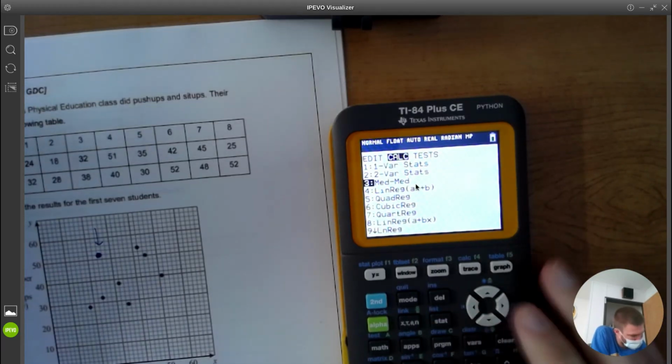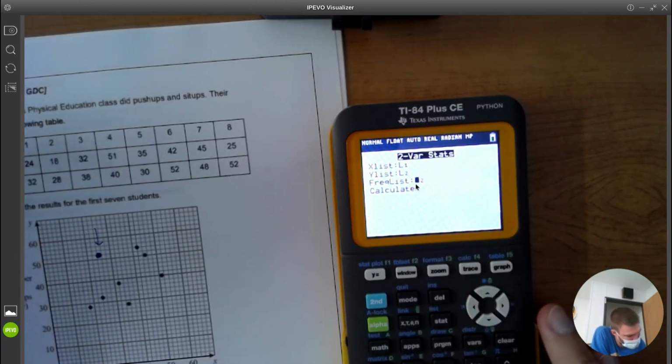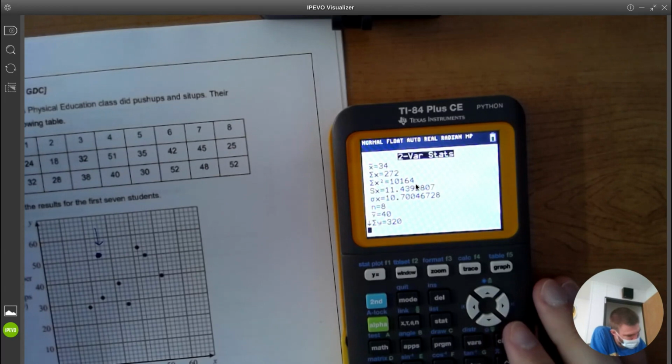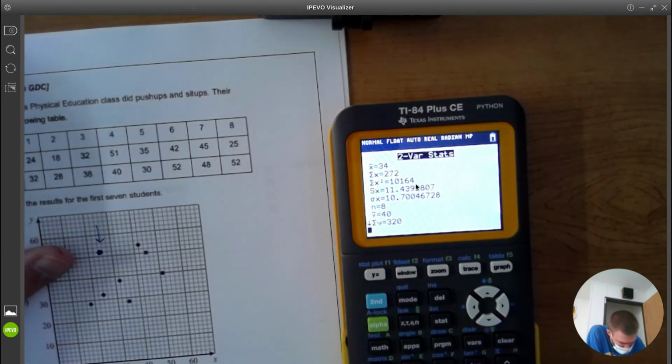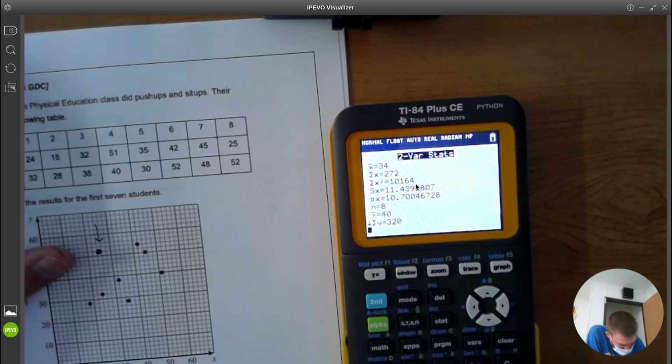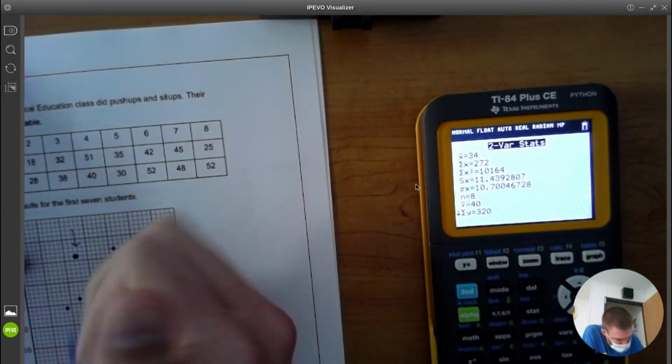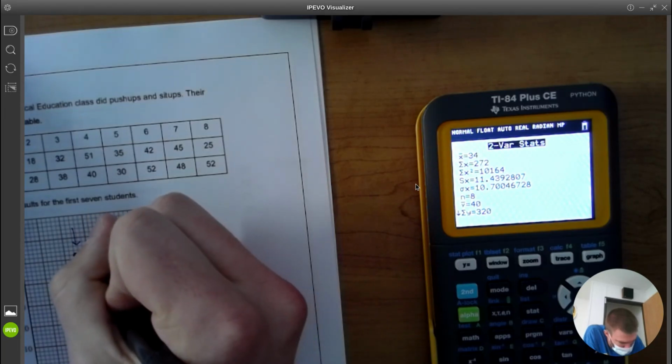Averages: stat, calculate two variable statistics. X bar equals 34, Y bar equals 40. 34, 40.